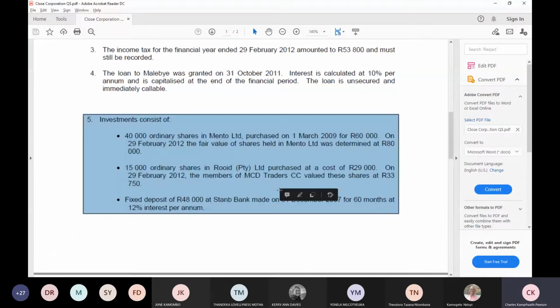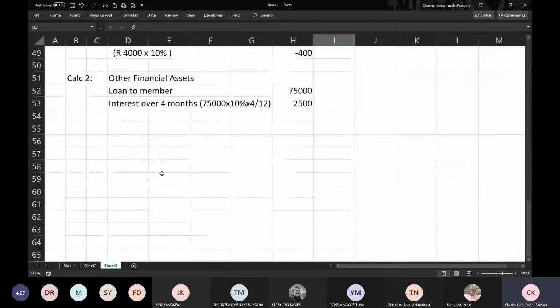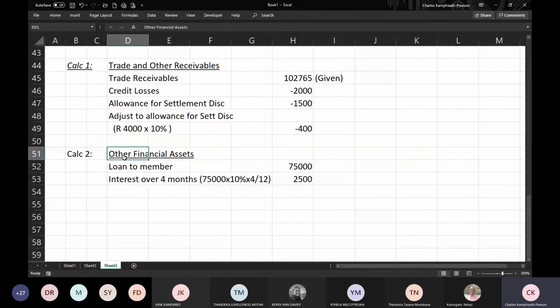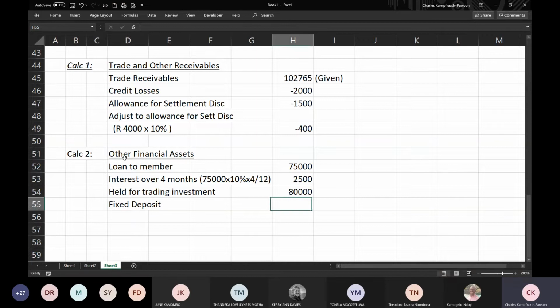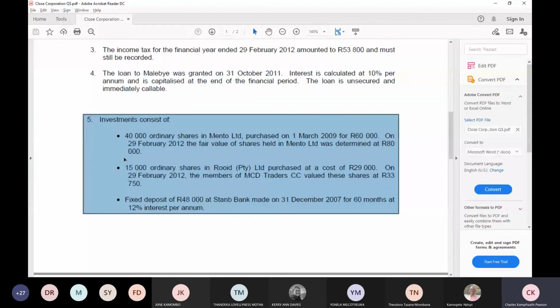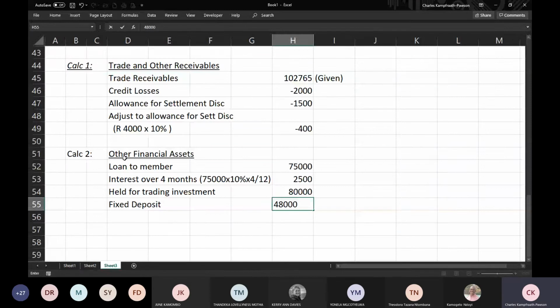Okay. So let's go to a question, and we say here under other financial assets, we say held for trading investment, 50,000. Fixed deposit, the fixed deposit is 48,000. Is there anything else that we should include there?